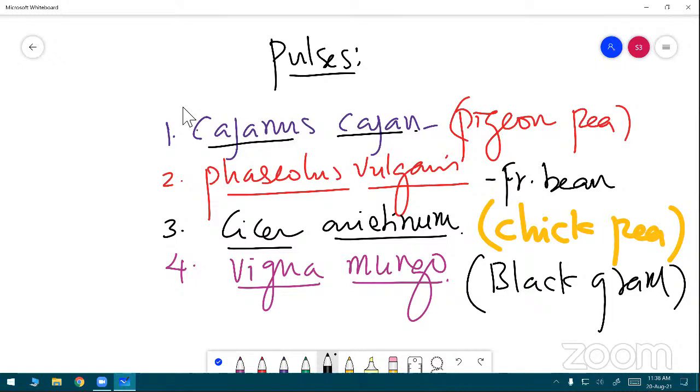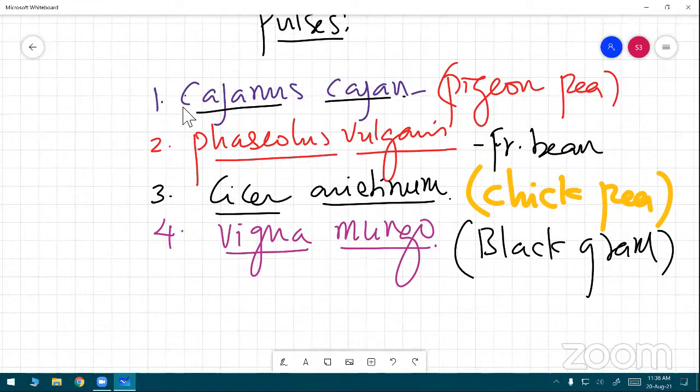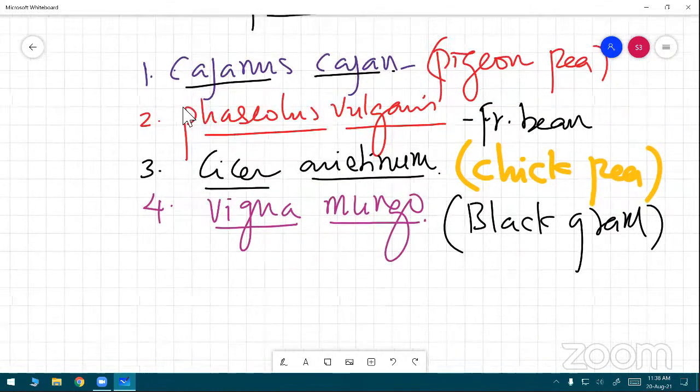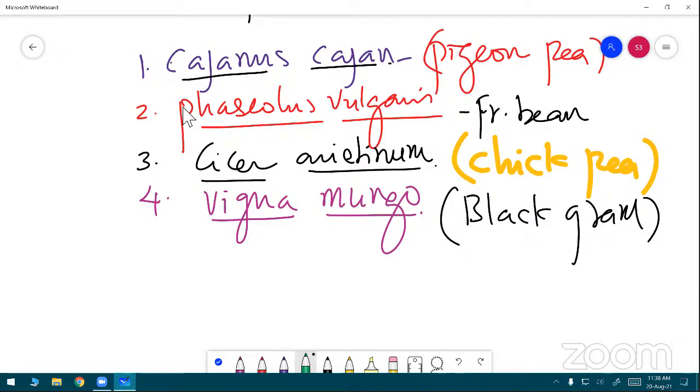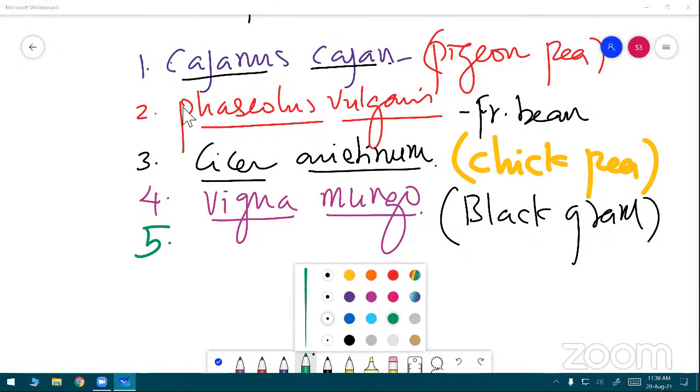What is it? Vigna mungo, black gram. It is called Ulundu in Tamil, which is used for making breakfast like idli, dosa, etc. The next pulse is Vigna radiata. Students, kindly follow me.